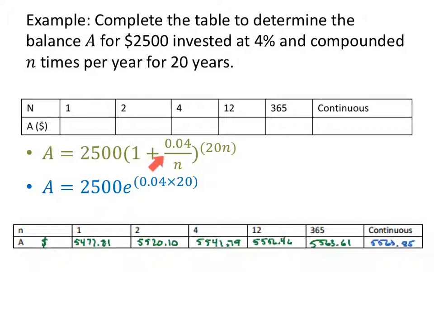Now put 2 in for n, and I'll get $5,520.10. Similarly, putting 4, 12, and 365 in for n, we can find our values.